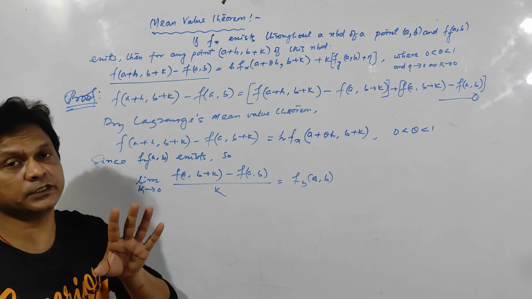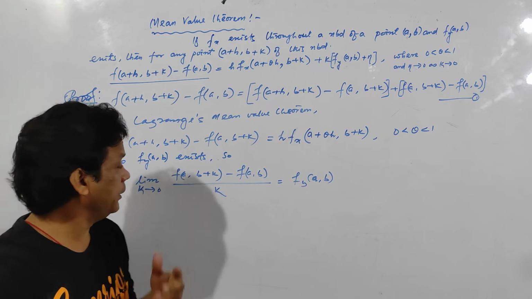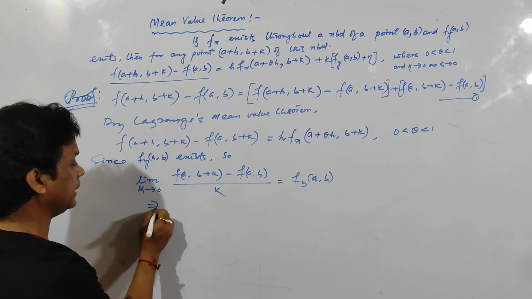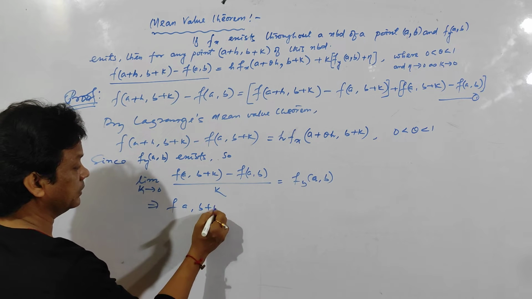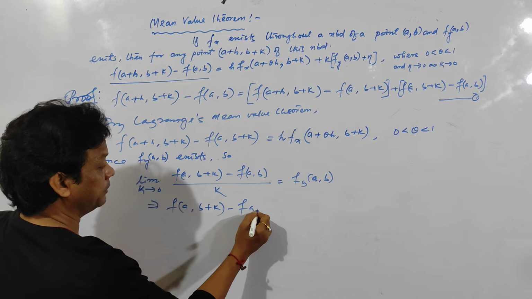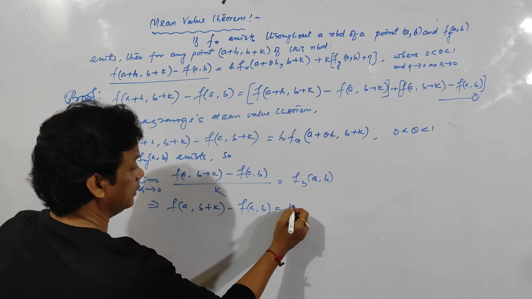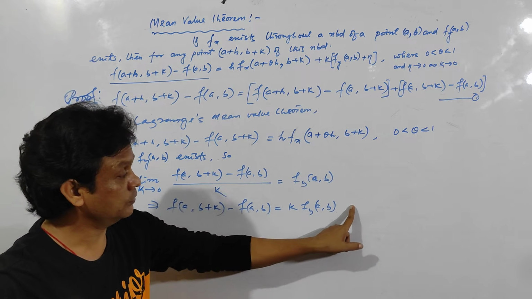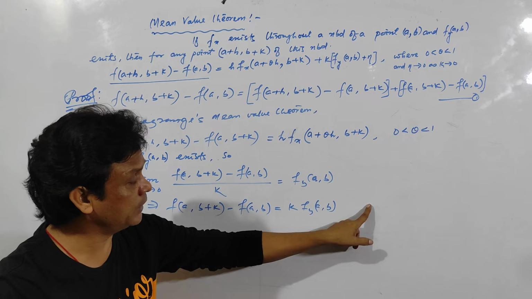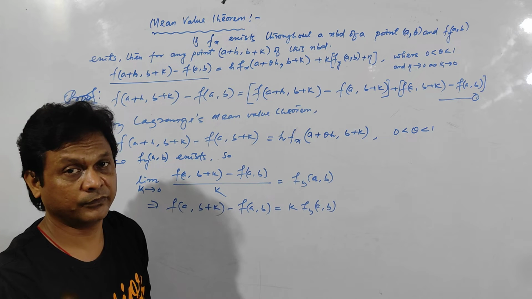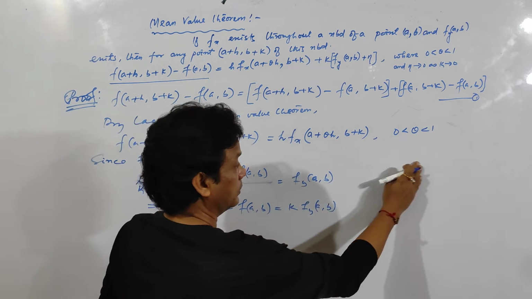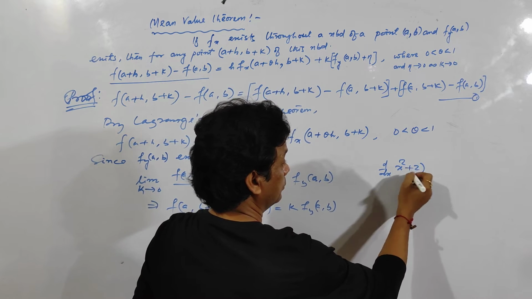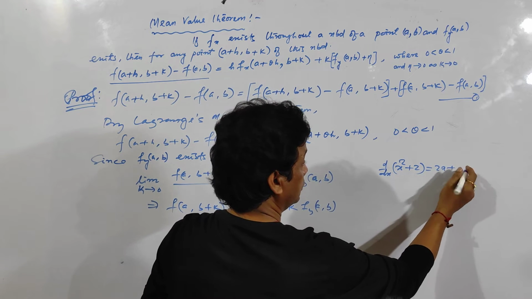Clear? So a very interesting thing I am going to tell you. If I omit the limit, that means if I write like this, f of (a, b plus k) minus f of (a, b) is equal to k into fy at (a, b), then should we write anything over here or not? Yes, we have to write. See here, the derivative of x square plus 2 is 2x plus 0.